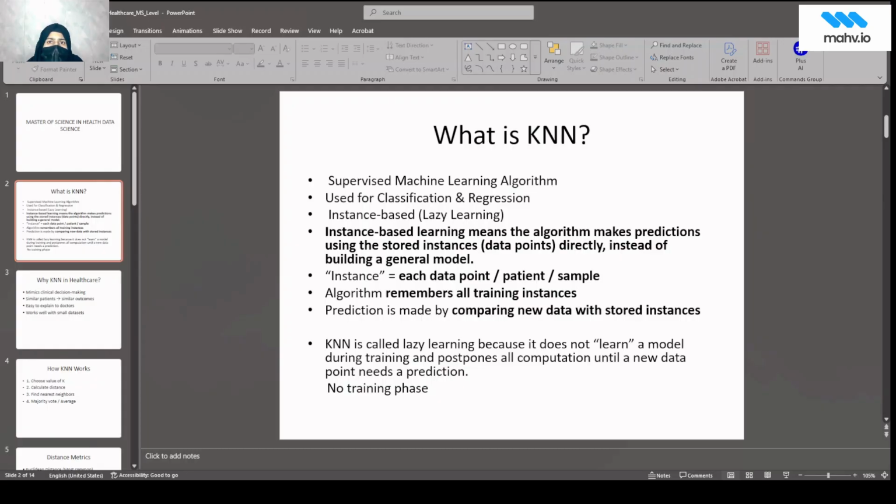Here instance-based learning occurs. Instance-based learning means that our algorithm makes predictions using the stored data points instead of building a general model. In training, the data points are just stored. That's why there is no building of a general model.